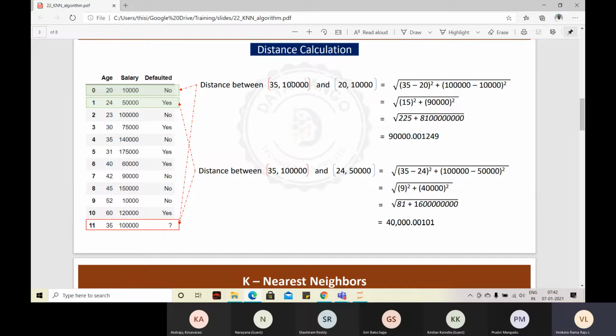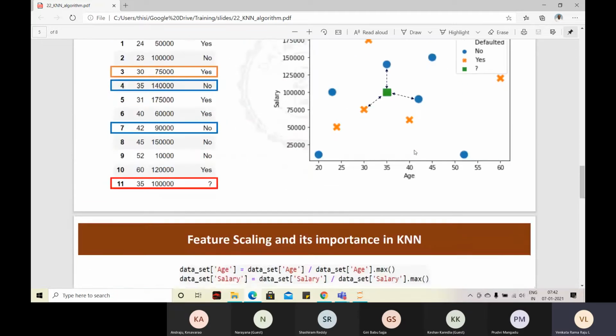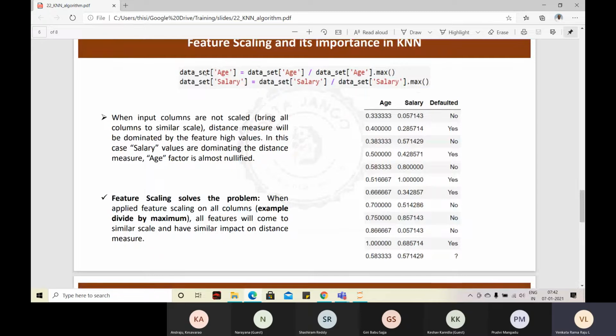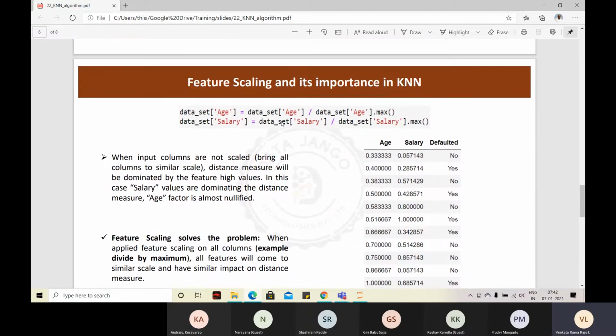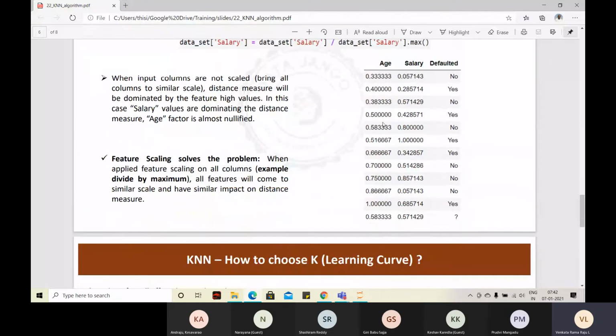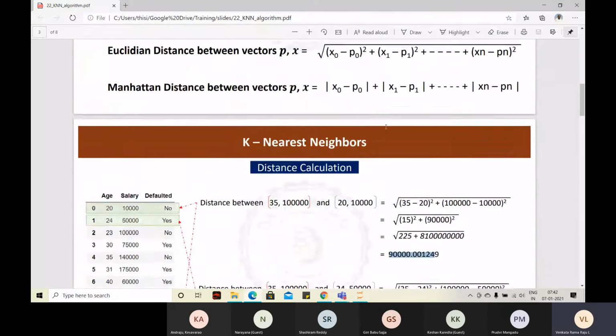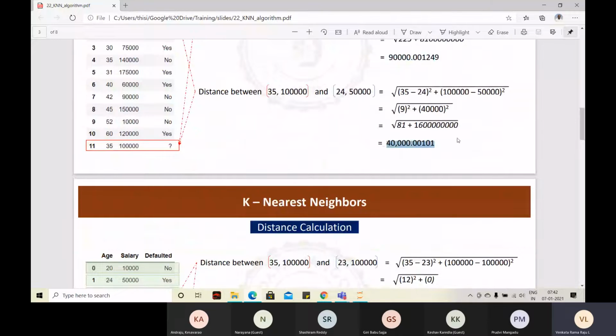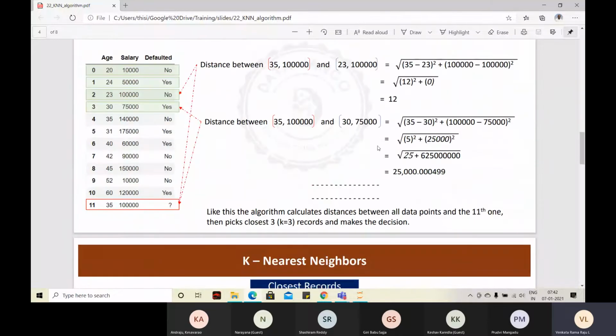So to make all features important while calculating the distance, we should be normalizing the data. Either divide by maximum, or use standard scaling or min max scaling, whatever scaling you want. If the data is on a similar scale, the distance metric is going to be perfect, and when the distance metric is perfect, your decision is going to be correct.